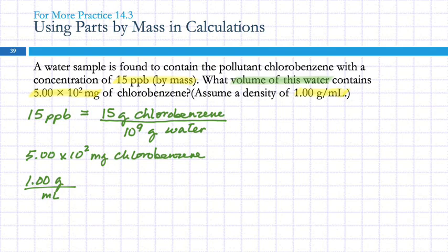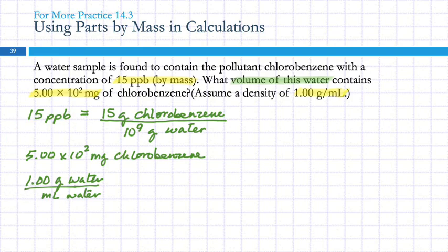And that's the density of the water. So that's 1 gram of water per 1 milliliter of water. So that's the information that was given.